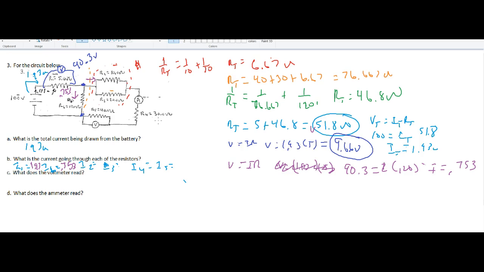Hold on. 1.93 minus the 0.753 we just discovered going the other way. So I get 1.18.